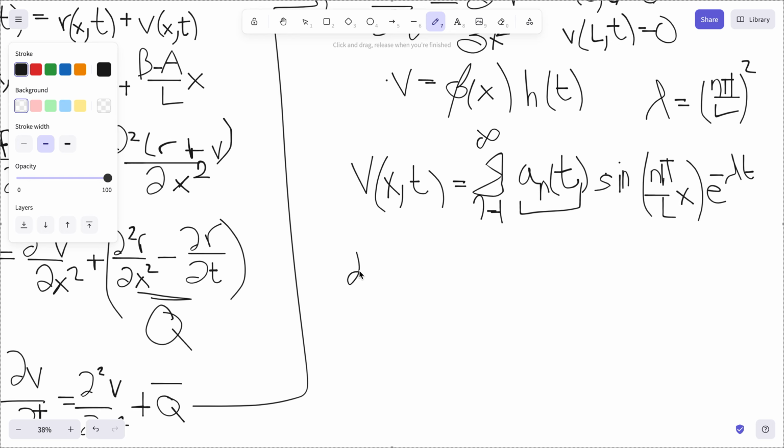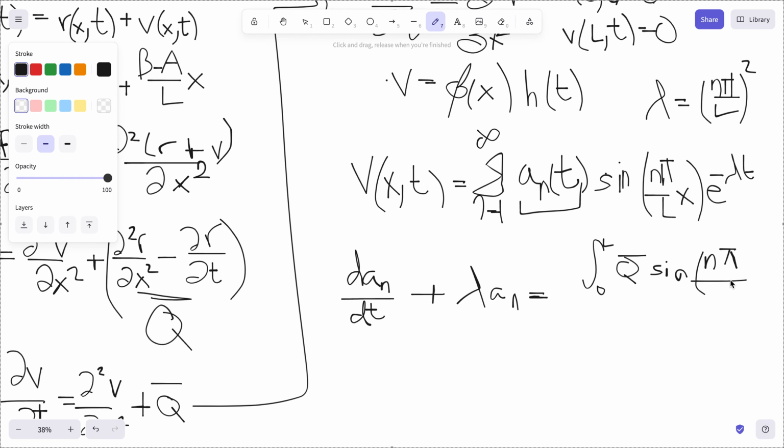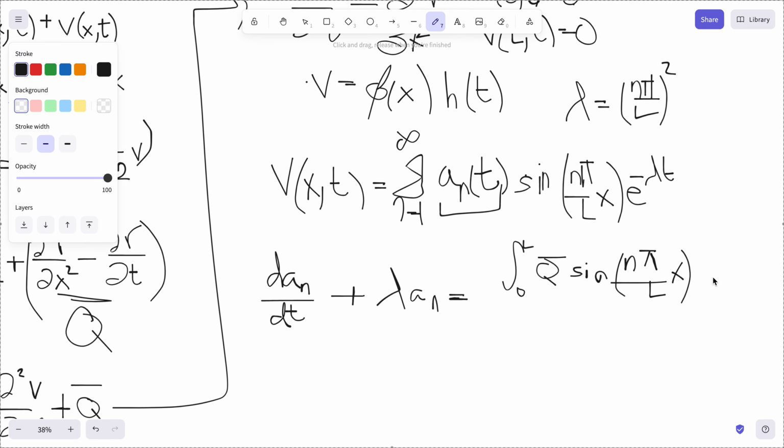And I'll save the math, but because our coefficient varies with time, instead of using the normal equation we do to solve for our coefficient, we now have to do this eigenfunction expansion, where we take the derivative of a, sum it with lambda times a sub n, and this is now equal to the integral from 0 through L of our q bar times sine of n pi over L times x dx.